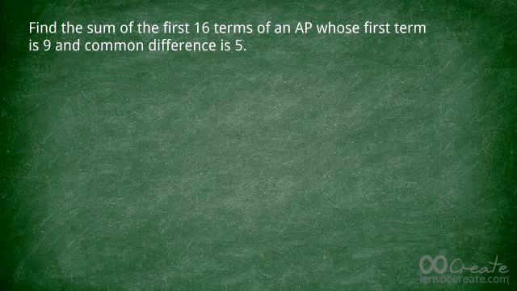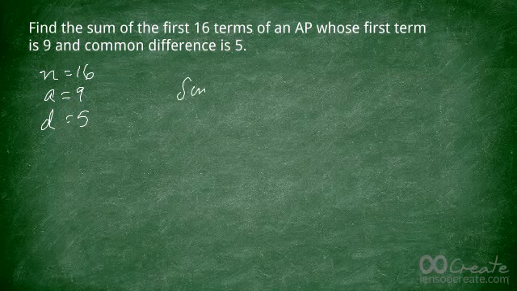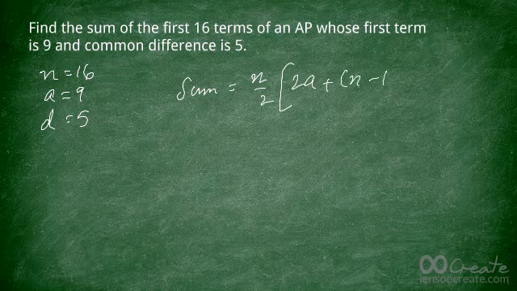Right. So, we know the following pieces of information. The number of terms is 16. The first term is 9. And the common difference d is equal to 5. So the sum is going to be n over 2, 2a plus n minus 1 times d.